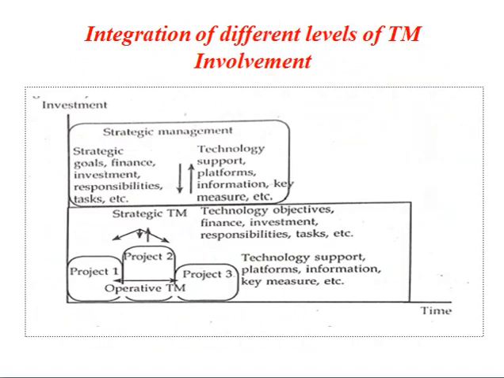If you look at this graph of time versus investment, you can see the actual representation of strategic management as well as technological management. Whatever strategy you have maintained, here we can identify the integration of the different levels of technology management involved.